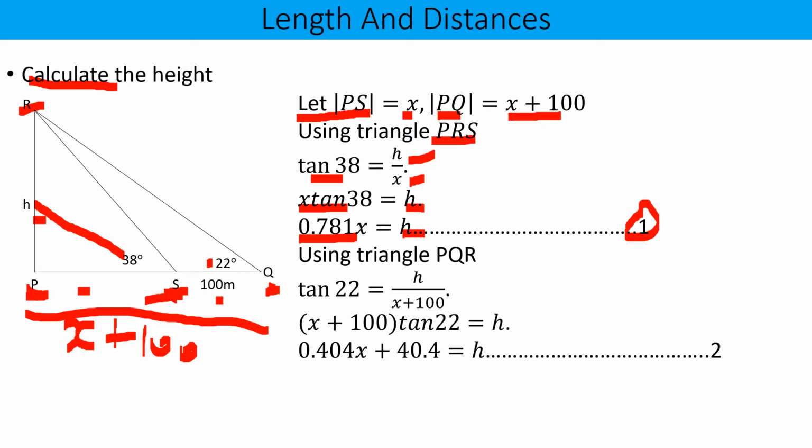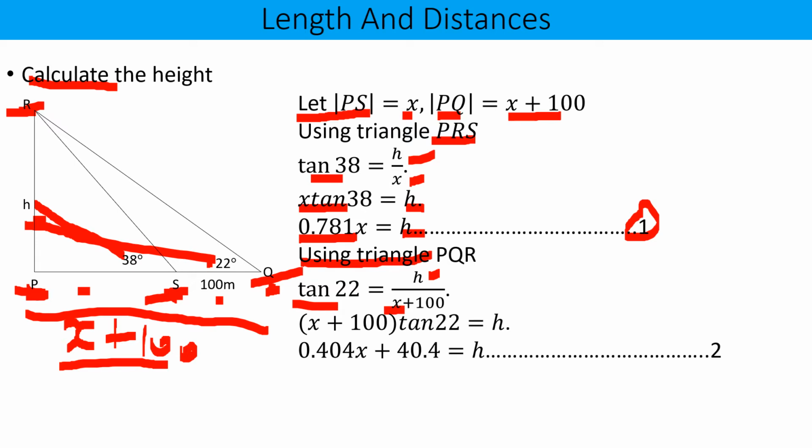Good. So then we come to another side using triangle PQR. The angle is 22. It's still facing the height, which is the opposite. Now the adjacent will be x plus 100. So tan 22 is equal to h over x plus 100.